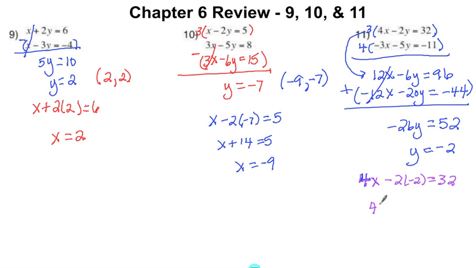So I get 4x plus 4 equals 32. So then I get 4x equals 28. So x is going to be 7. So my answer here will be 7 comma negative 2. All right, so each of those came out to 1 point, and it will be a coordinate.